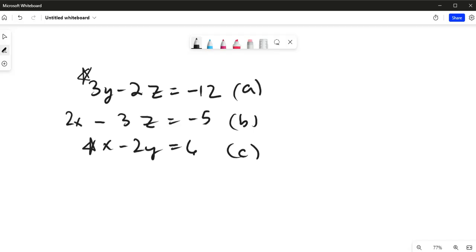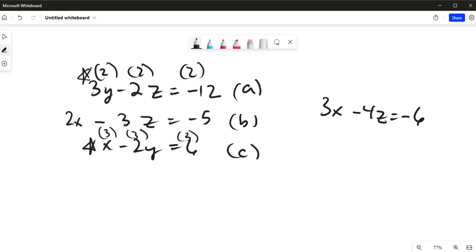So they're going to have to multiply by 2 and 3 in order to get 6. So 2 times these and 3 times these. Okay, after they do that, they'll have 3x minus 4z equals -6.